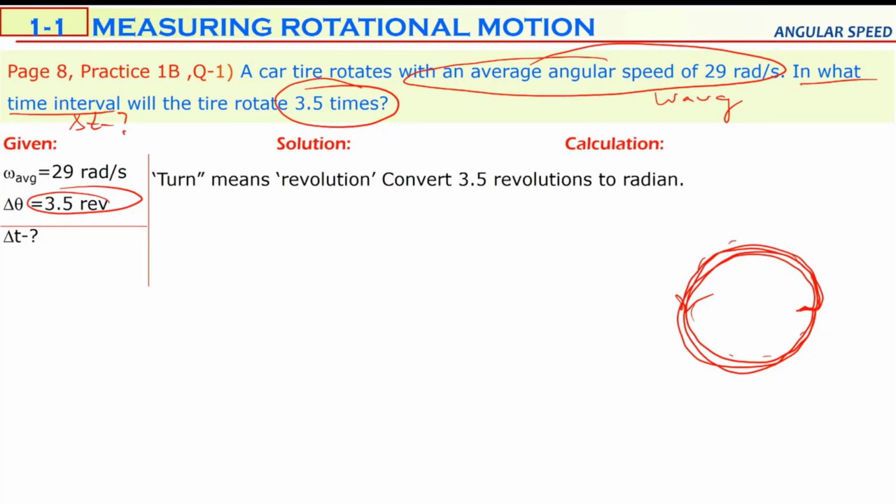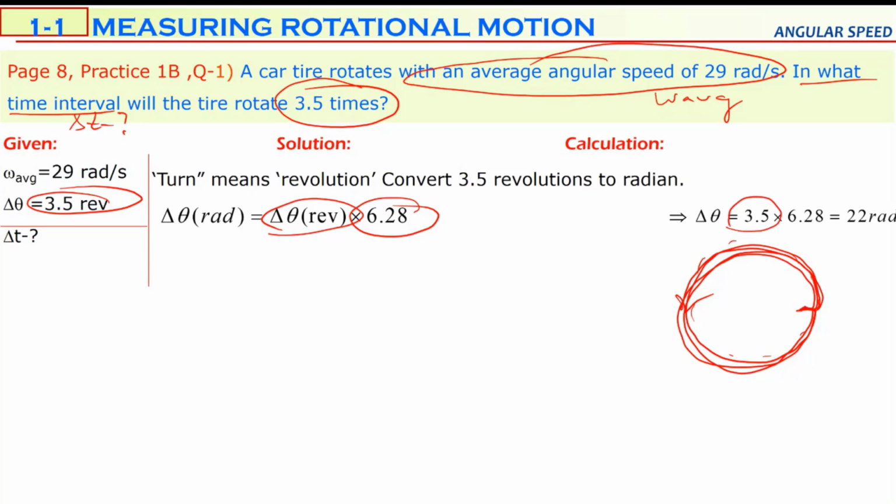I am going to multiply this revolution by 6.28 to get the radian. So 3.5 revolutions, or rotations, times 6.28 gives the angular displacement.